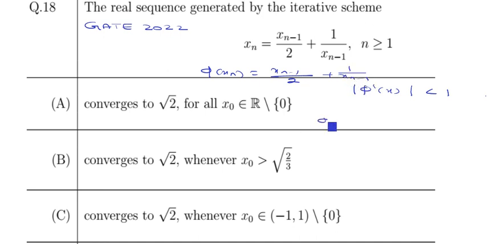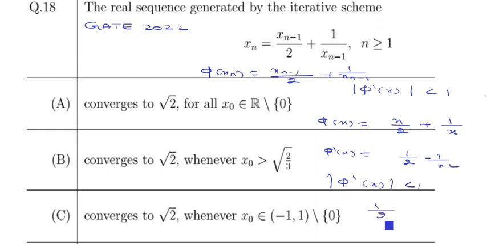Therefore phi of x is x by 2 plus 1 by x. Now we will find phi dash of x. Phi dash of x equals 1 by 2 minus 1 by x square.